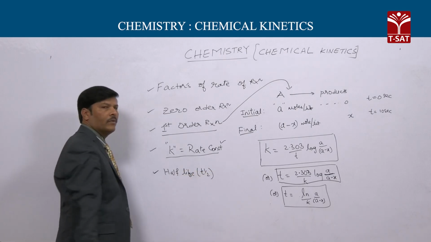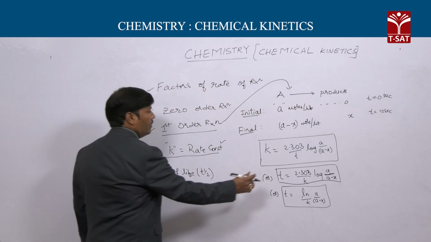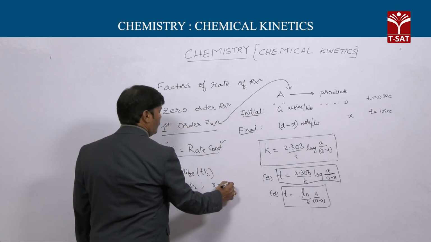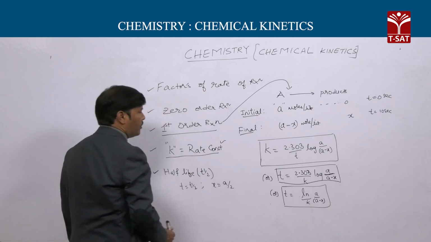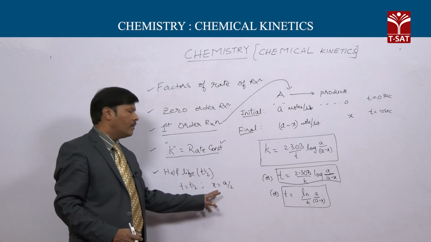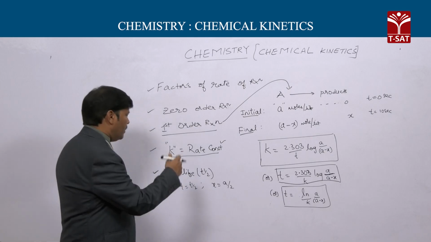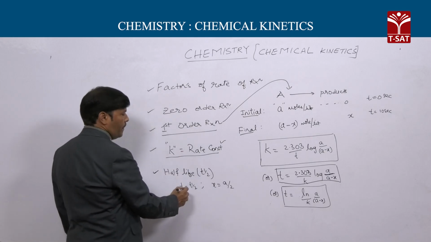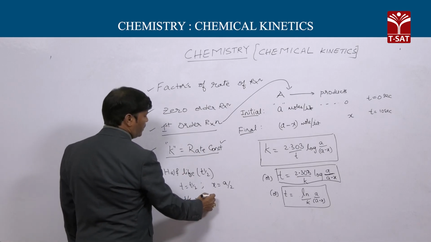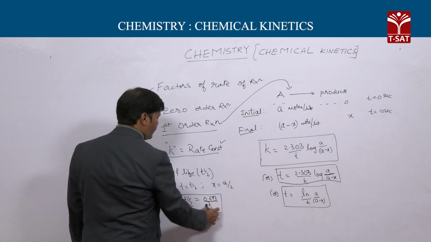If time is T half, then the amount of product formed is X equal to A by 2. If we substitute both these conditions, time equal to T half and concentration of product X equal to A by 2, we directly get the expression T half is equal to 0.693 divided by K. Directly I am going to give you the expression.